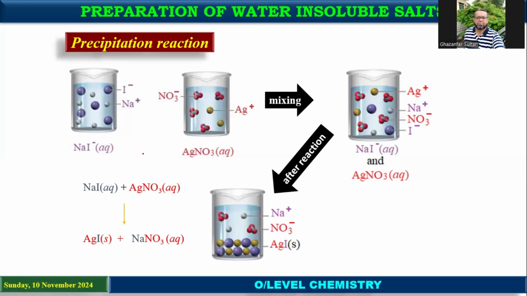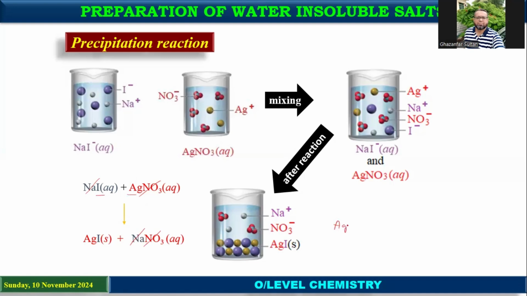So if you want to write an ionic equation, then you will ignore sodium and nitrate. So what is remaining? It is iodide and silver.